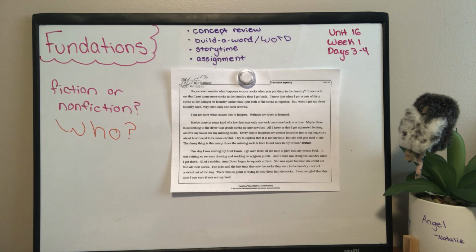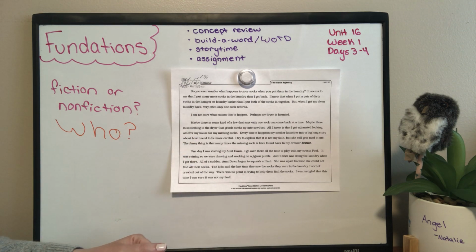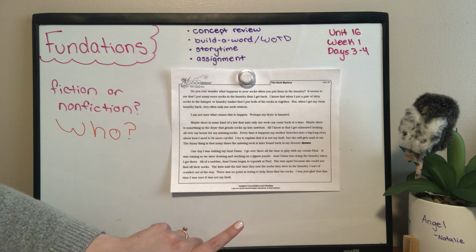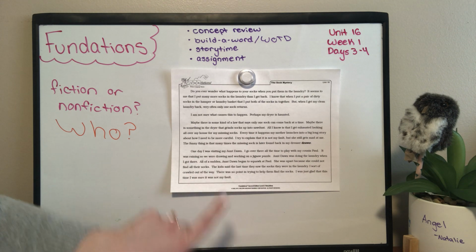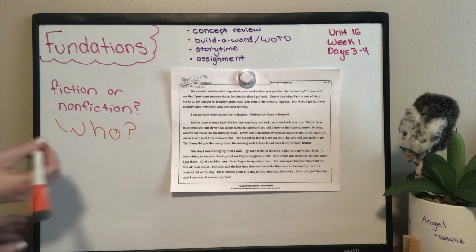That person has no name. But whenever they say I, that's talking about the narrator. There's the narrator's mom. There is Aunt Dawn, Cousin Paul, and then the kids. So there's more than one kid there. Yeah, those are the characters in our story.